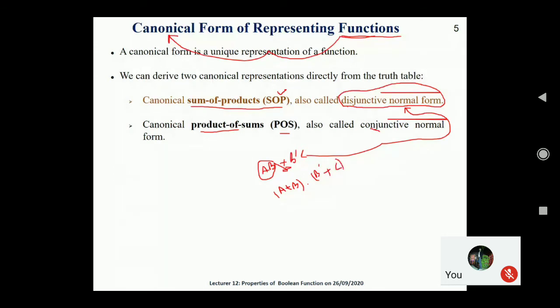Why is it a product of sum? Between the terms we are using the product operation. Are you getting my point? But when we are writing in between the literals, we are using the OR operation. So this is a form of product of sum, and this one, AB plus B bar C, is the sum of product. Are you getting my point?